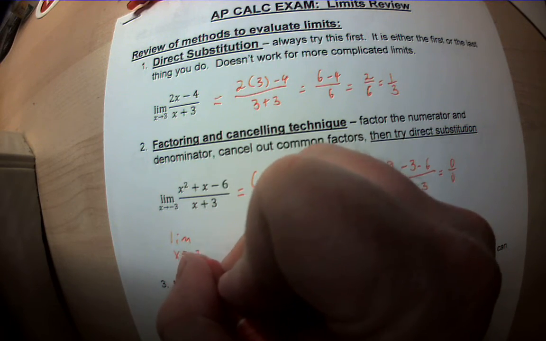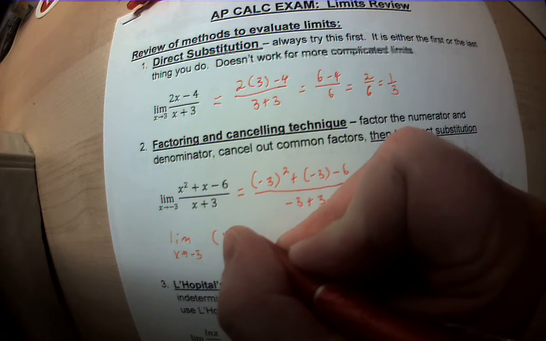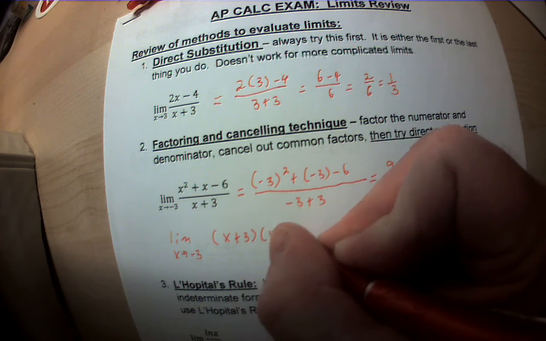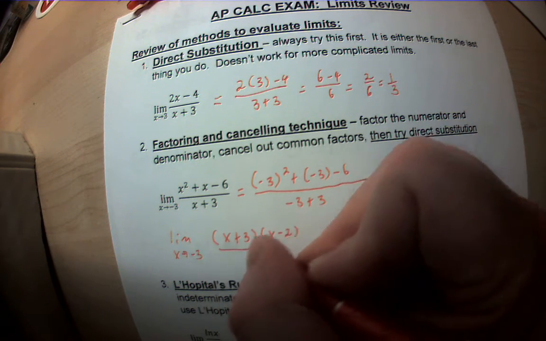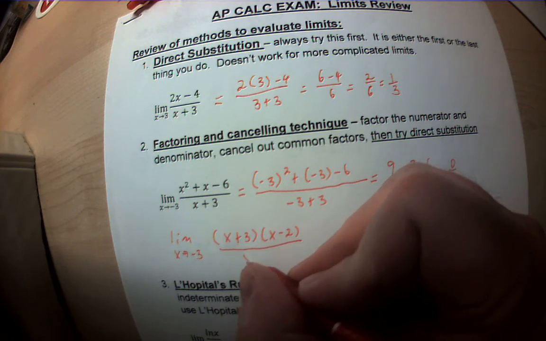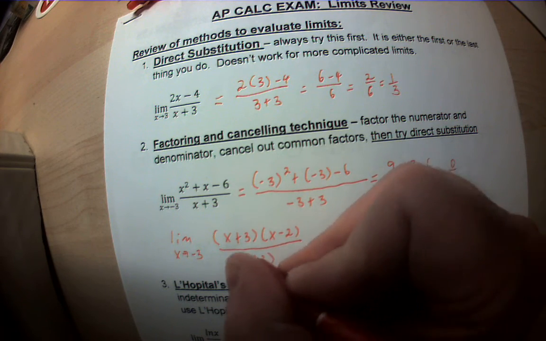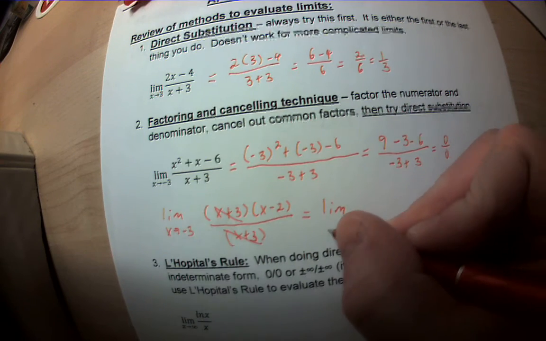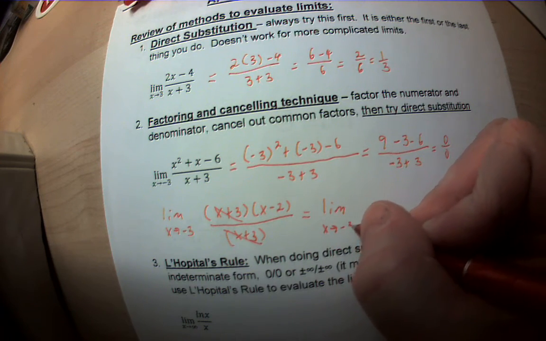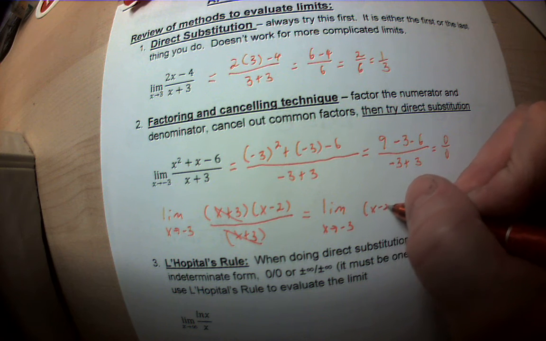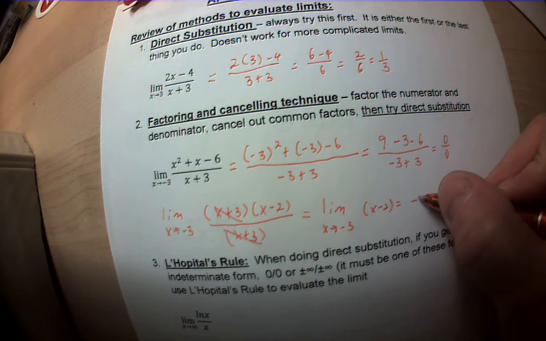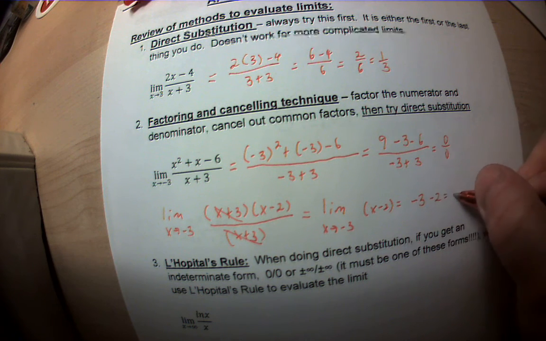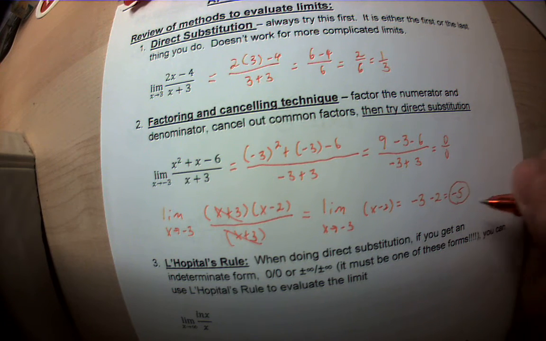Limit x goes to -3. The top factors to x plus 3 times x minus 2 over x plus 3. These cancel, so I get the limit x goes to -3 of x minus 2, which is just -3 minus 2, which is -5.